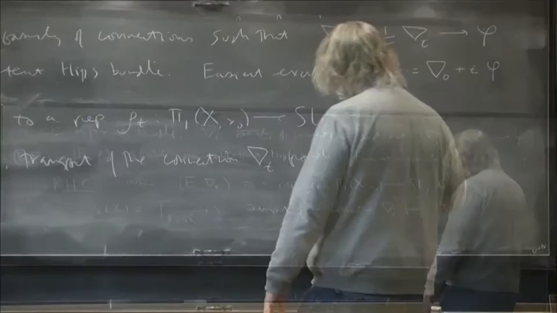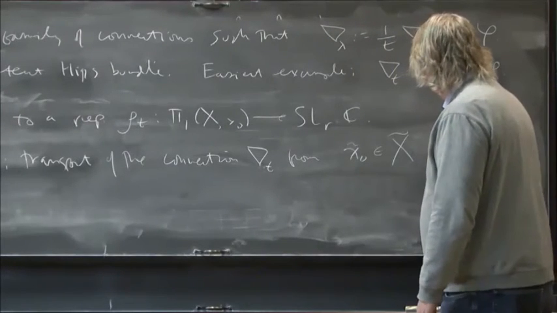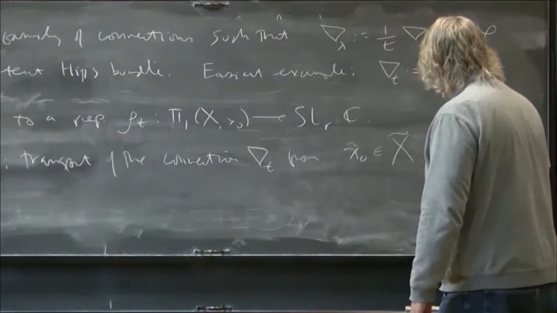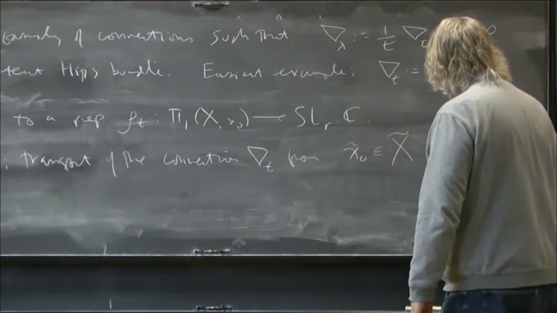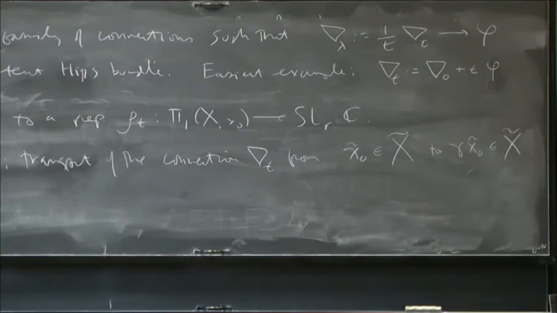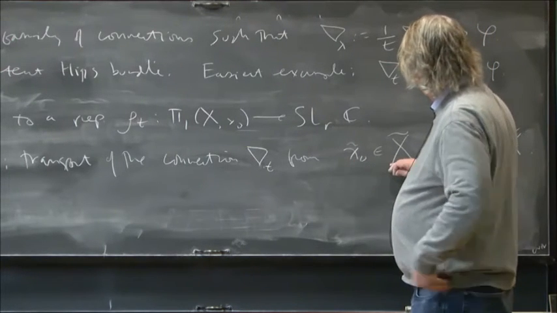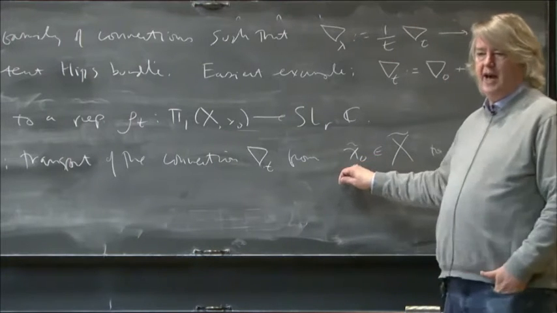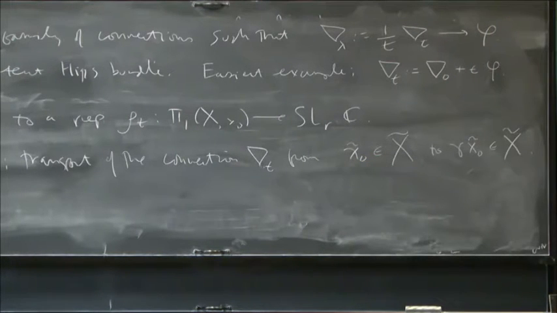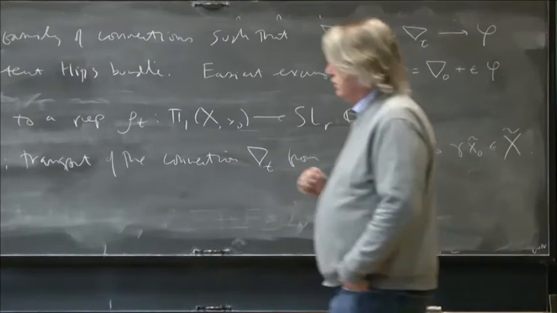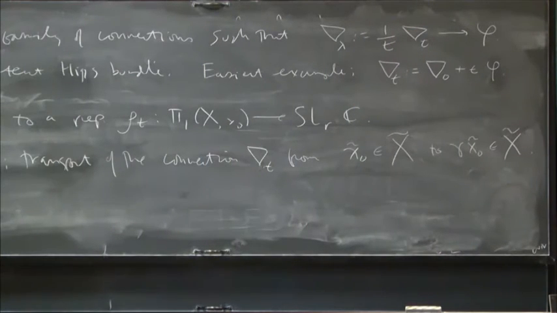So now let's move up to the universal cover of X. On the universal cover of X, it becomes contractible, so there's no question about a choice of path. And we can just talk about the transport from one point to another. So let's just use this notation for this transport.